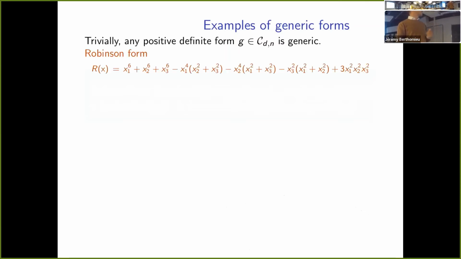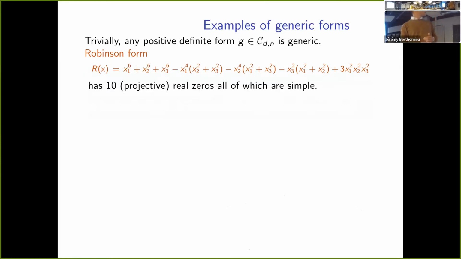I will come to this later, but before that, let me give you some examples of generic forms. If you take the Robinson form, which is of degree 6 in 3 homogeneous variables, then it has projectively 10 real zeros, and all of these real zeros are simple. So hence this form is generic, and hence it will have finite volume.